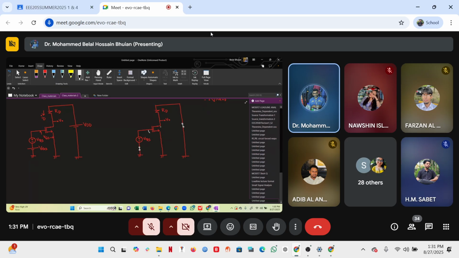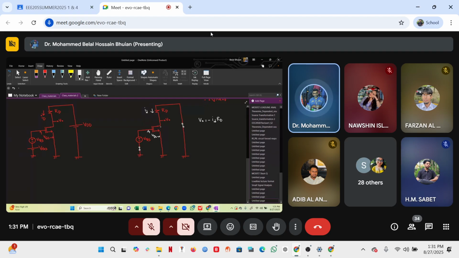So what will be the voltage only for the small signal and the current small signal id? That's vo. So vo would be minus id times RD.